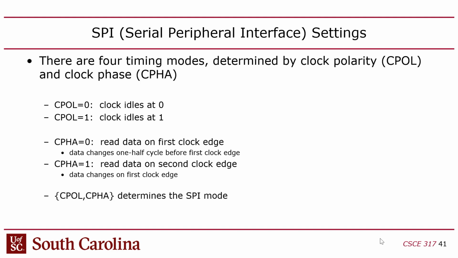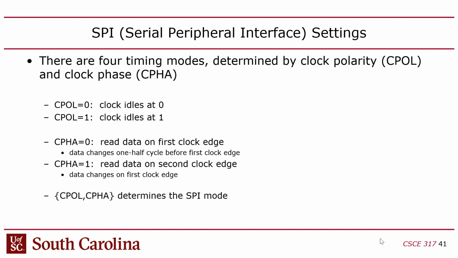And the receiver needs to know what edge it needs to be clocking data on. Okay. Now there's another parameter called CPHA, and this one is a little bit harder to get your head around. This stands for clock phase. So basically, what it defines is whether the data in the channel should start being read on the first clock edge or the second clock edge.